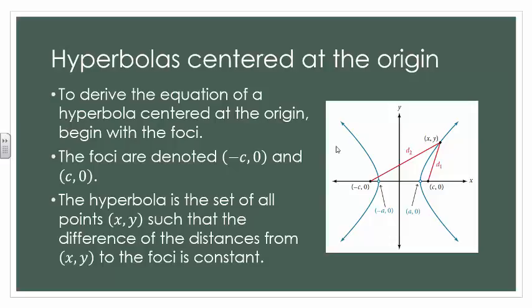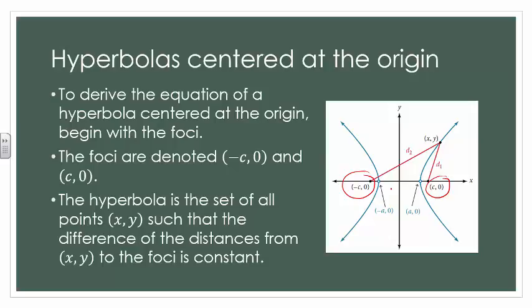We take a look at our figure to the right, and we see that we have one focus, -c, 0, and another, c, 0. The hyperbola is going to be the set of all points x, y, such that the difference of the distances from x, y to the foci is constant.